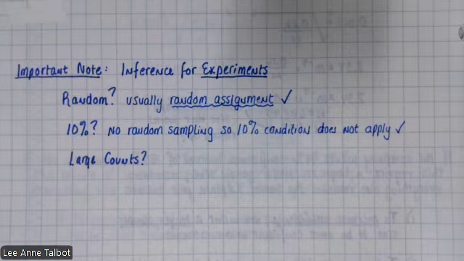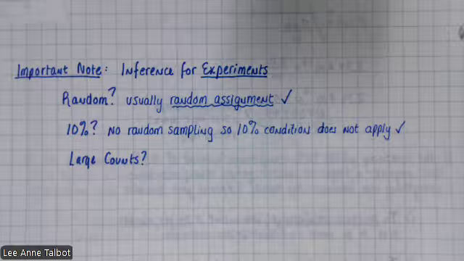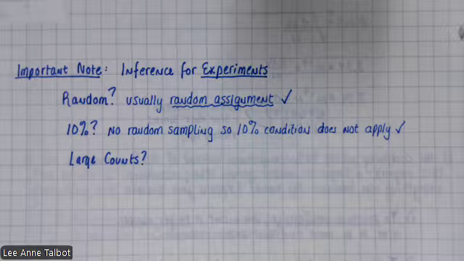And the reason is because I just like to go random, 10%, large count, random, 10%, large count. I just like to have that little pattern in my brain. And so I'll just say does not apply. You do not have to do that. It's up to you. You can just skip it completely and not even mention it. College Board's not gonna care. And I won't care. It's just that I can't do that, because I'm a Virgo and extremely linear thinker, so I have to have something in each spot.